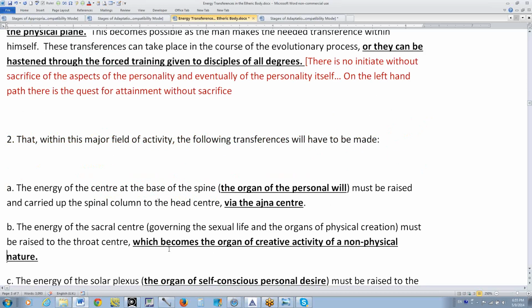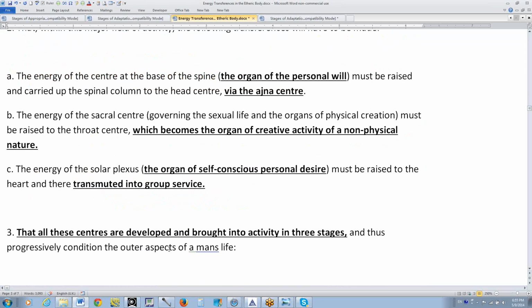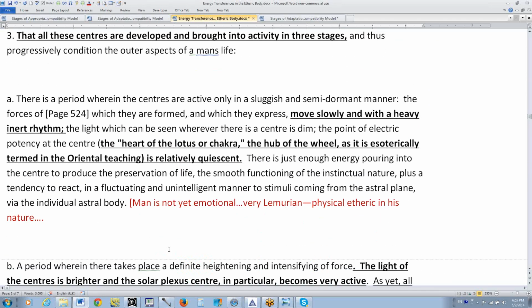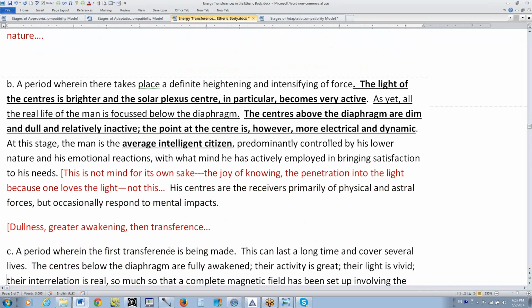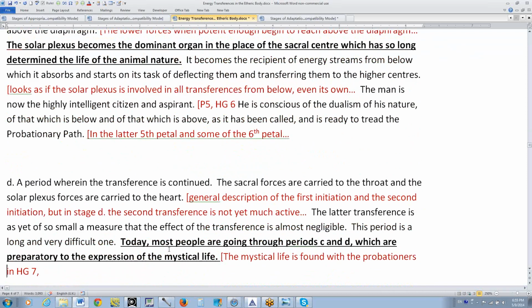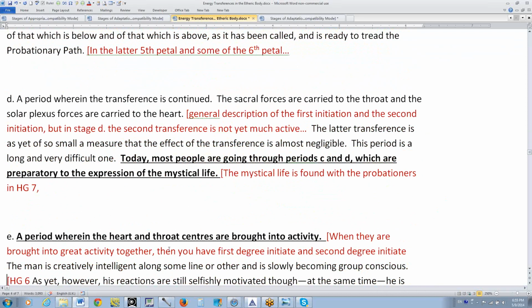We have phases here of the first, second, and third, and how the centers are brought into activity. Well, it just takes a review of these pages, along with what I have said here.